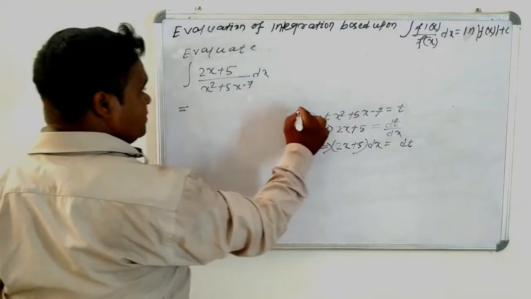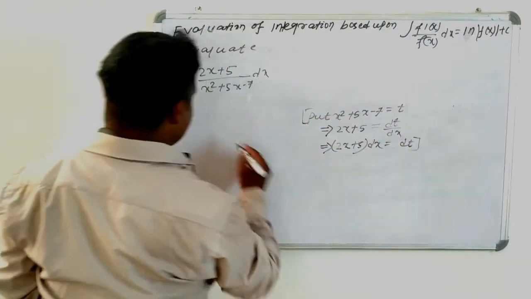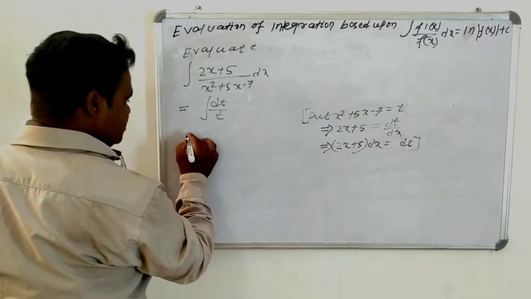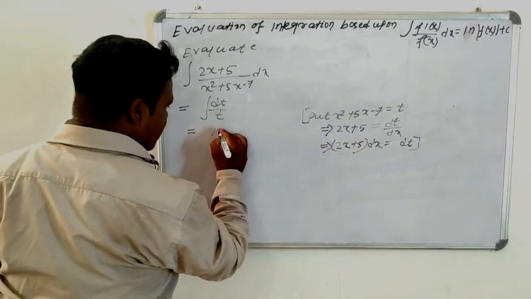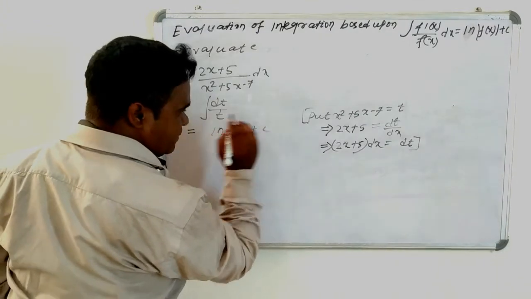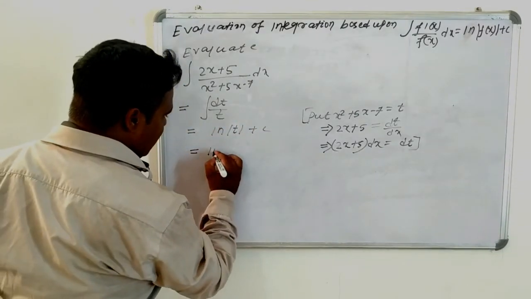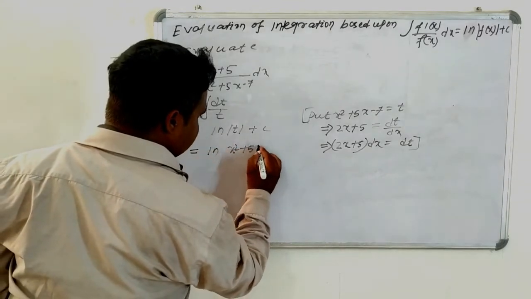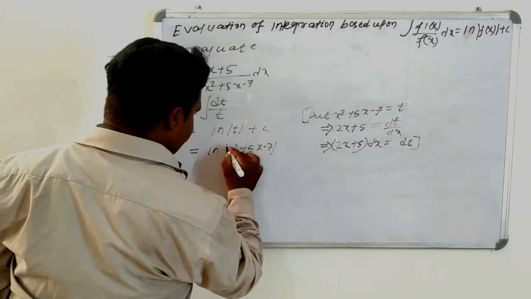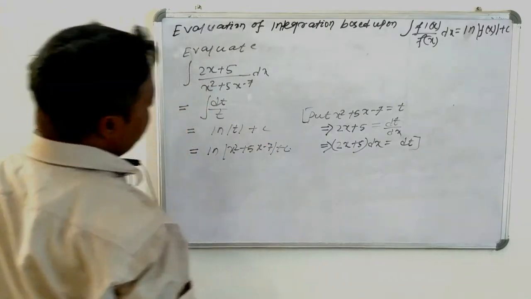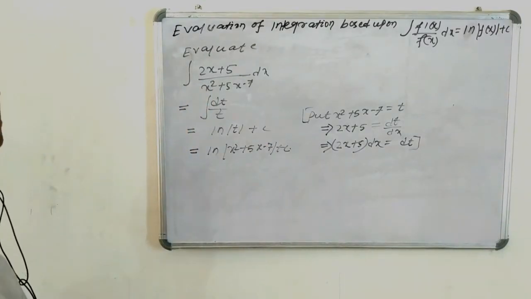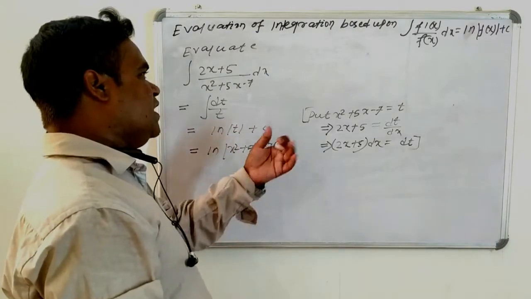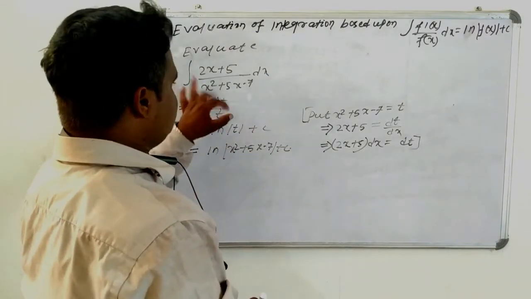Putting this value in the integral, we get dt divided by t, which equals ln t + c. That is ln|x² + 5x − 7| + c, where c is the arbitrary constant or integration constant. Now put this form in the formula, and we get the result for this question.